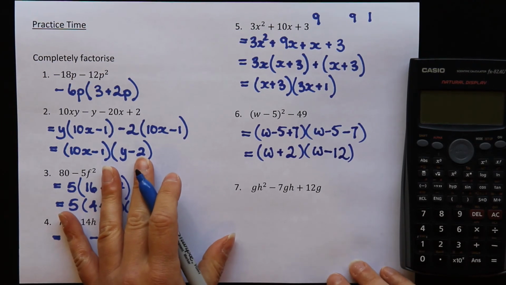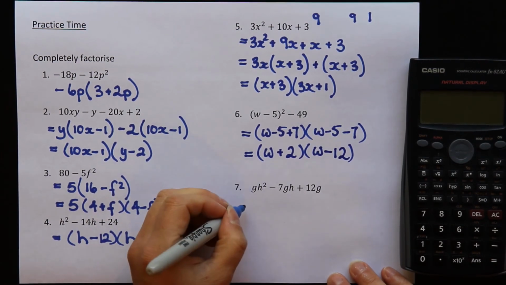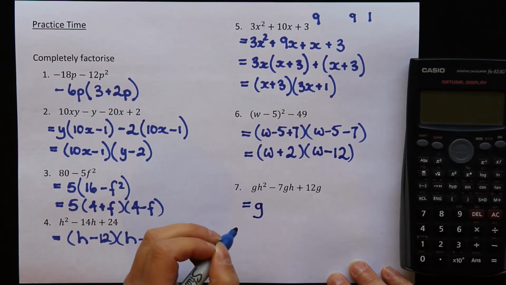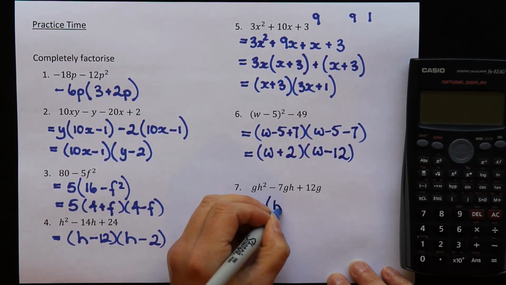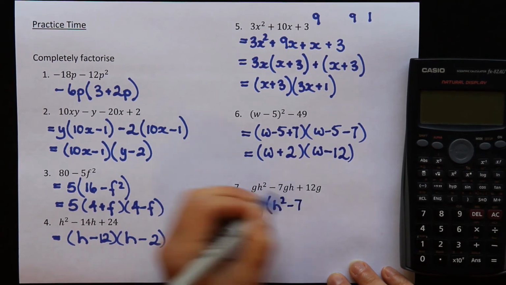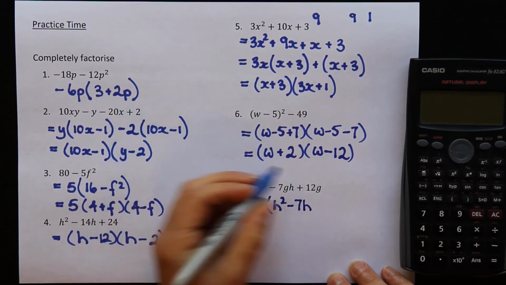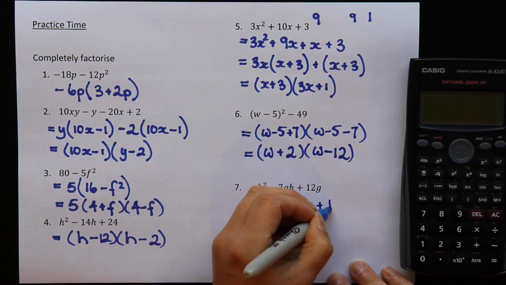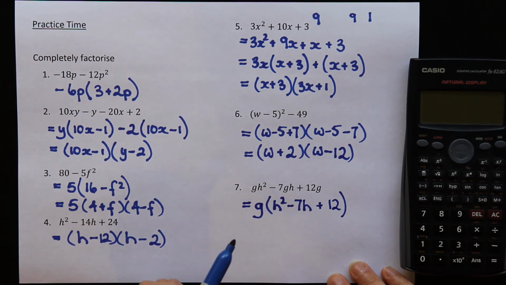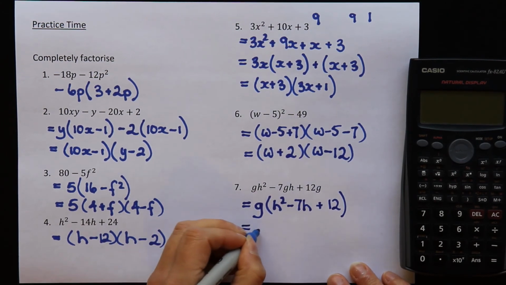And one more question here. I have a common factor. G is in all of them, so that will give me h squared minus 7h plus 12. Okay, once I've taken the g out, I have a much nicer trinomial in here to factorize.